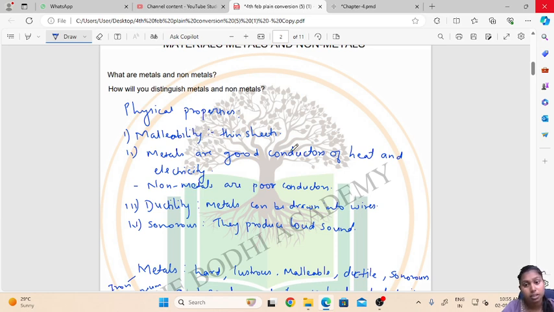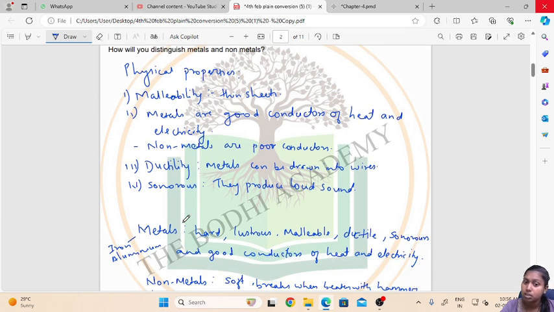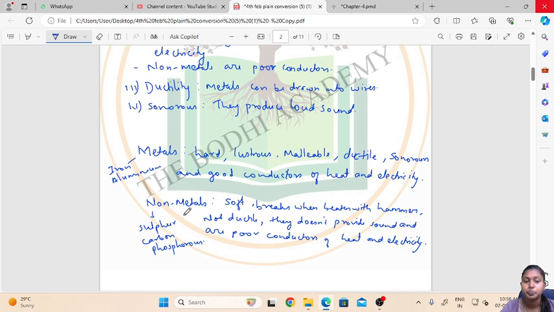Metals are good conductors of heat and electricity, whereas non-metals are poor conductors. Now what is ductility? Ductility means metals can be drawn into wires, whereas non-metals, they are non-ductile as they cannot be drawn into wires. Sonorous, metals are sonorous means they produce a loud sound, and non-metals are non-sonorous.